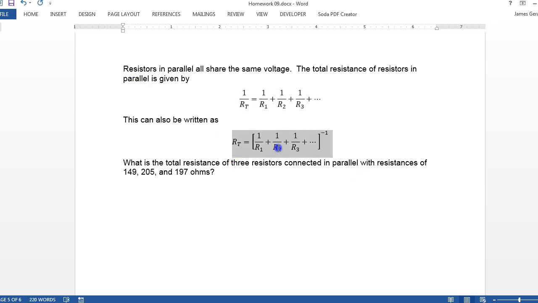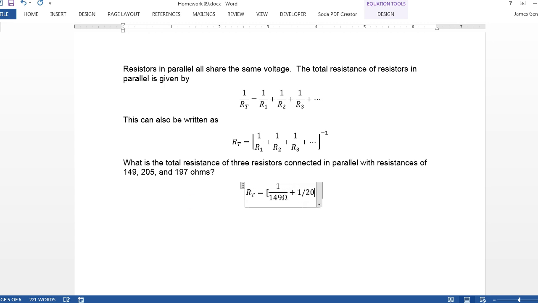And we can write that like this equation here, where the total resistance is the sum of all the inverse resistances, and then we invert that at the end. All right, so if we're going to do this with this problem, we have our total resistance, RT, is 1 over 149 ohms plus 1 over 205 ohms plus 1 over 197 ohms.